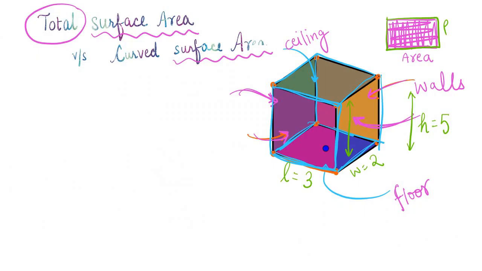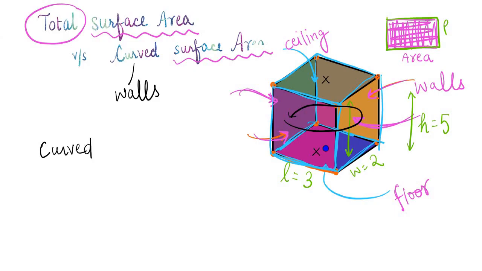Now, let's talk about the curved surface area. We are just going to take the curved portion, like in curved surface area, all the walls are included, not the ceiling, not the base, just the curved surface area. So, what would that be?